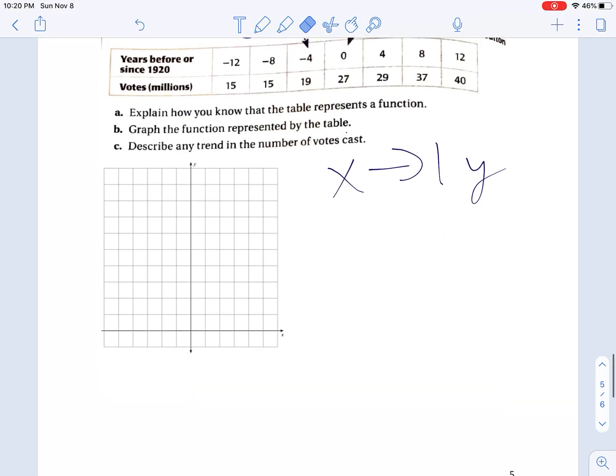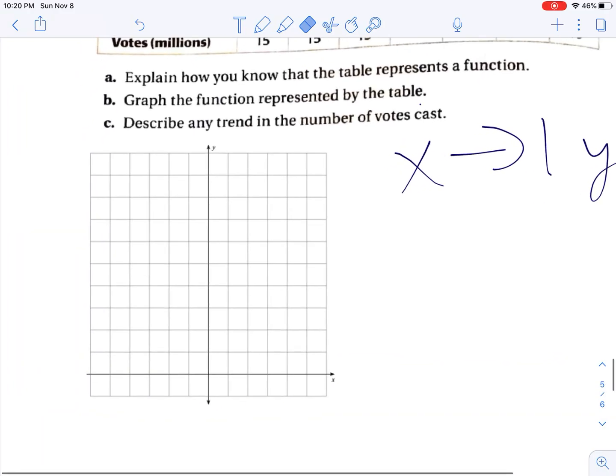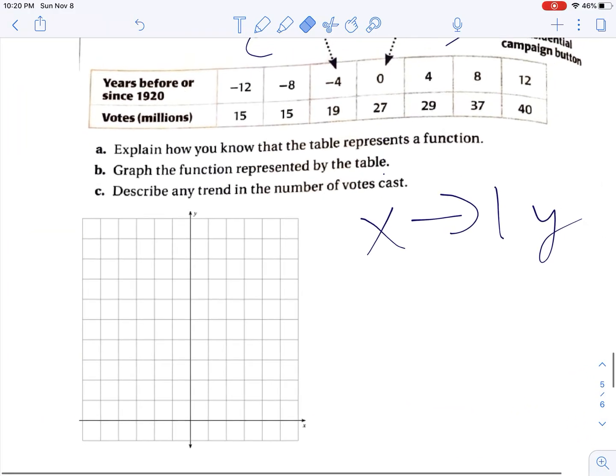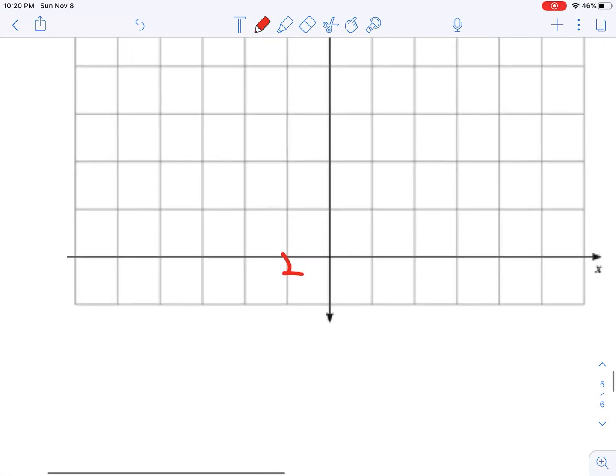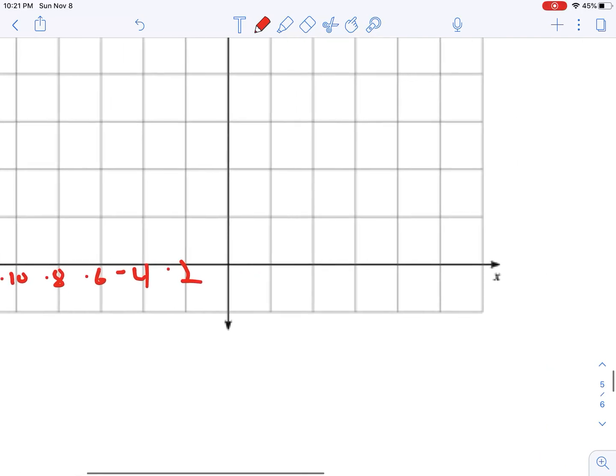Graph the function on the table. This is going to get kind of tricky because the scale is going to be a little bit off here. If we count, we've got to do -12, -15. So there is 2, 3, 4, 5, 6. If each one of these spaces is 2 units, so this is 2, 4, 6, 10, 12, and those are obviously all negative. And this is 2, 4, 6.